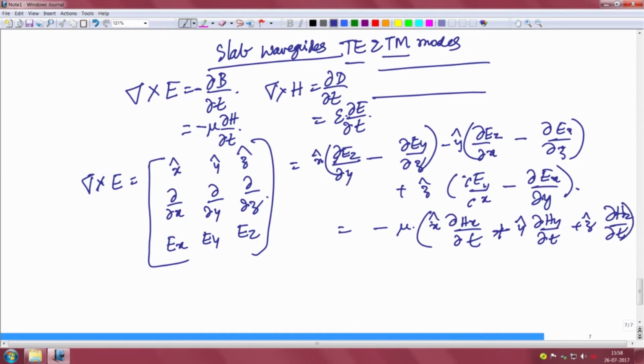So, we can equate the x components, y components and z components separately, and similarly the same exercise for del cross H. Using the matrix we can write it, by looking at the symmetry and replacing the electric fields with the magnetic fields.